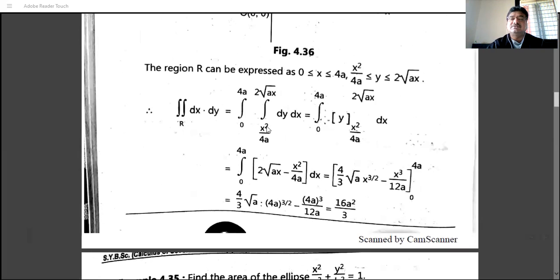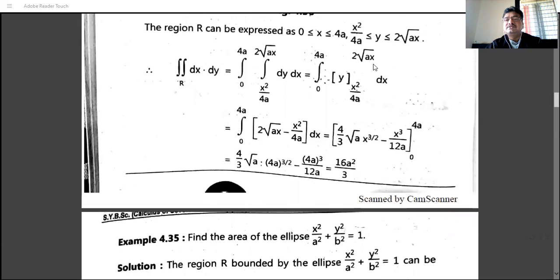And then solve the integration with respect to y first. So here is 1, integration of 1 is y, then the value at the upper limit, that is substitute y as 2 root ax, minus y as x square by 4a. And then after simplification, we have the integration: 2 root a is a constant quantity, and integration of root x means x raised to half, whose integration is x raised to half plus 1, that is x raised to 3 by 2, divided by 3 by 2, which means into 2 by 3, so we have 4 by 3 as the answer.